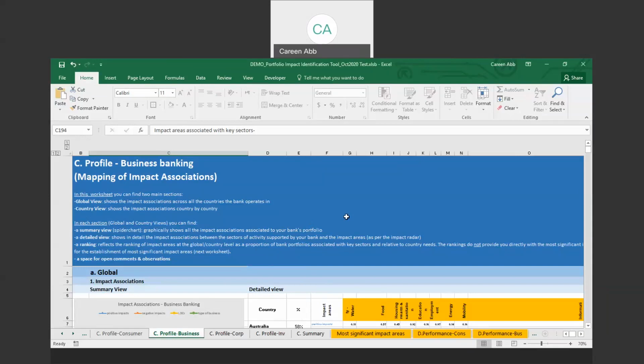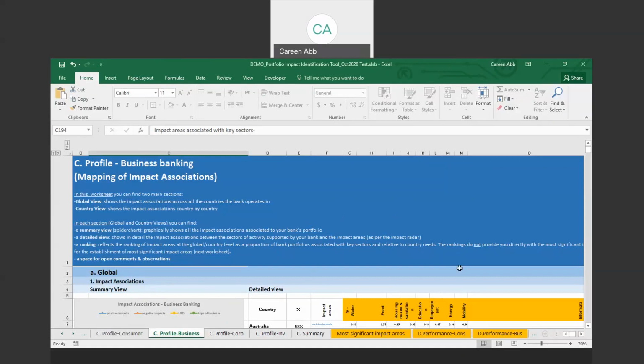They draw on the information that you have provided in the previous 2 steps, i.e. the cartography, which explains the different components of your portfolio in terms of clients and in terms of geography and proportion of business, as well as the country needs review.